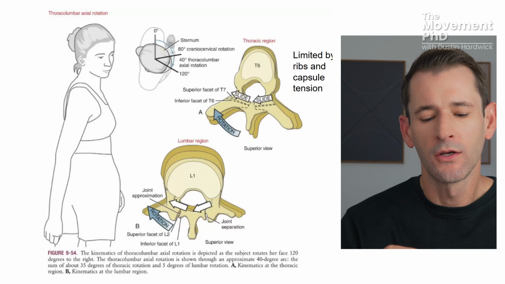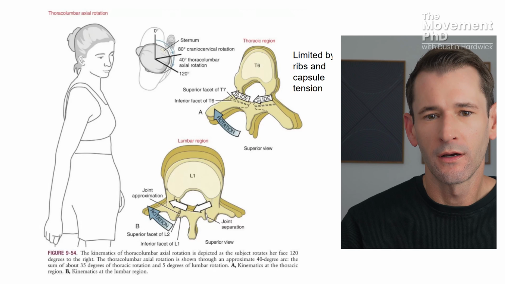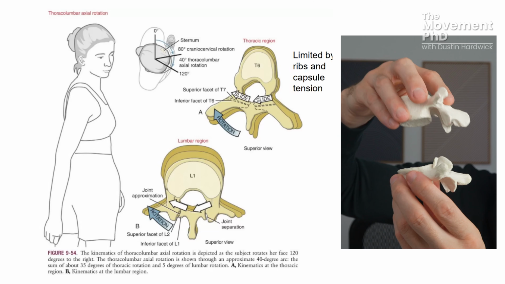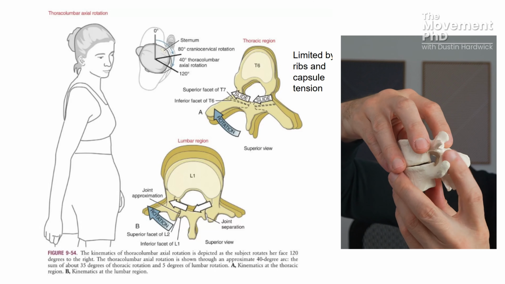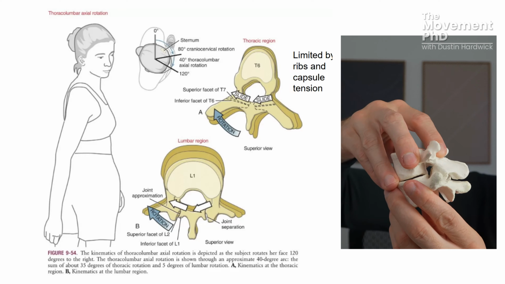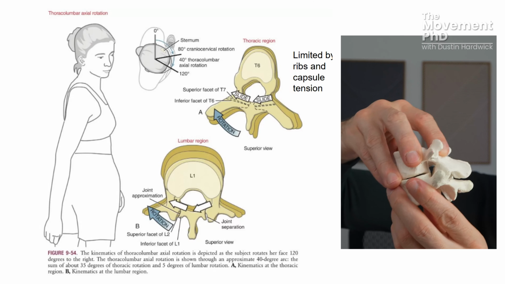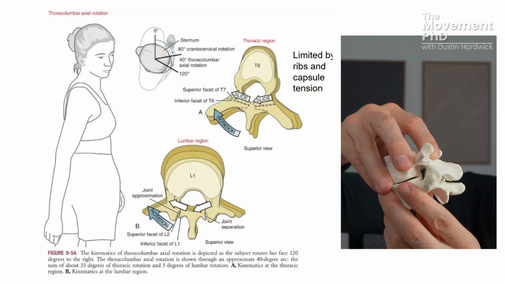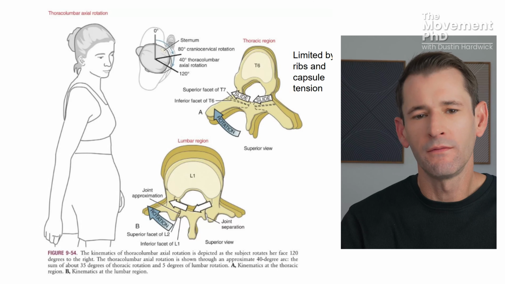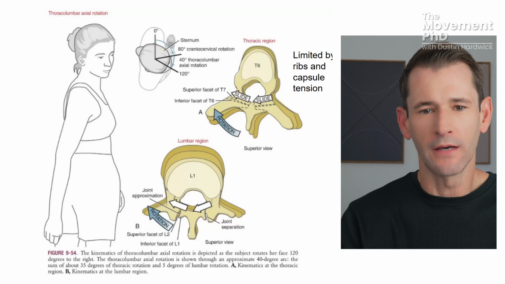Because of that, we get compression of the two facets, the inferior facet of the superior vertebra and the superior facet of the one below it. We get compression on the left side, we get distraction or separation on the right side. So let me say that one more time because it can be kind of confusing to keep track of your rights and lefts.